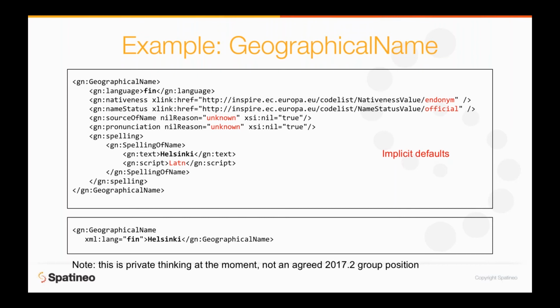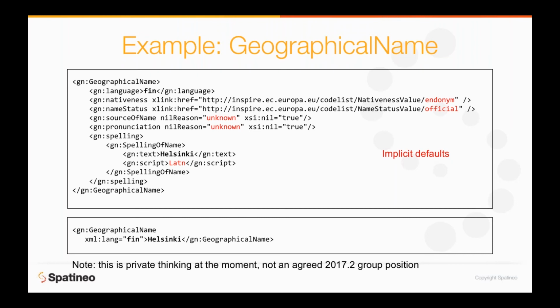And then you might wonder how we transform this simplified model back into the complex thing, if we need to. It might help if in the simplification rule you have something called what I call implicit defaults.